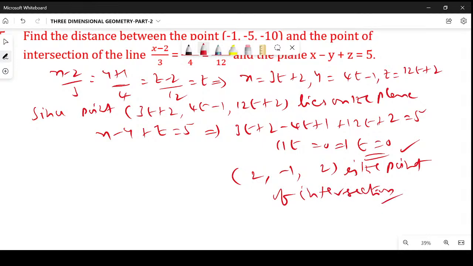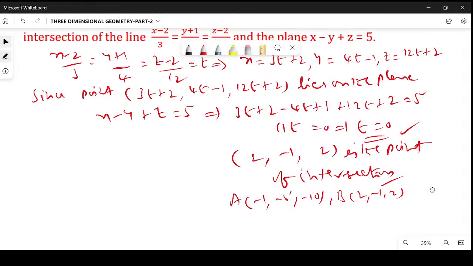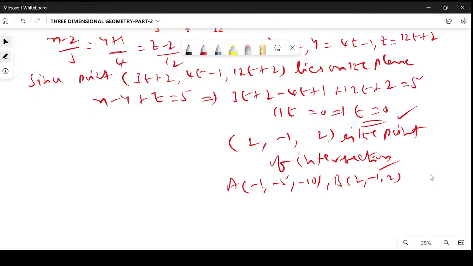(2, -1, 2) is the point of intersection of the line with the plane. The given point is the other one, and we can find the distance between these two.